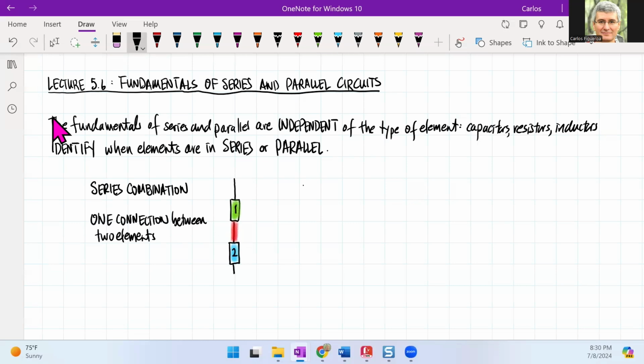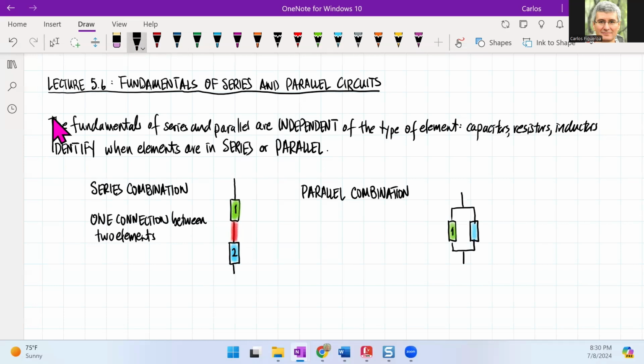So then if I look at parallel combinations, then what we find here is that I still have two elements, but the difference this time is that there is one connection that connects the top of it and another connection that connects the bottom. So when I'm looking at these guys, you're seeing the following thing.